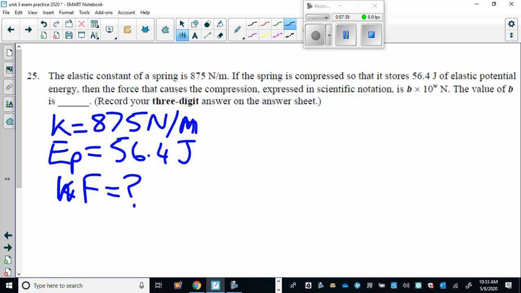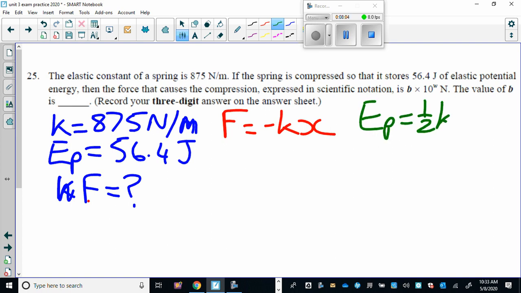When we look at those variables, there's no formula with those three variables in them. However, if we're asked to find force with the spring, then we're talking about Hooke's law. We're talking about this formula here, and what are we missing in that formula? We're missing x, which we can get from this formula, the elastic potential energy of a spring.